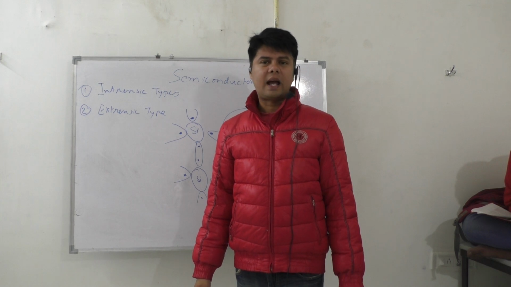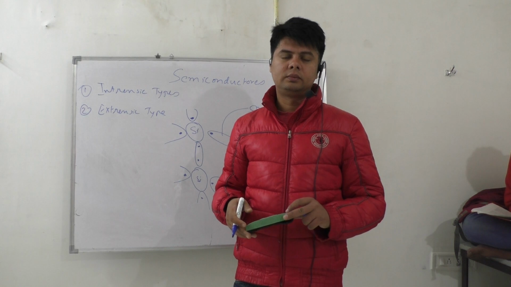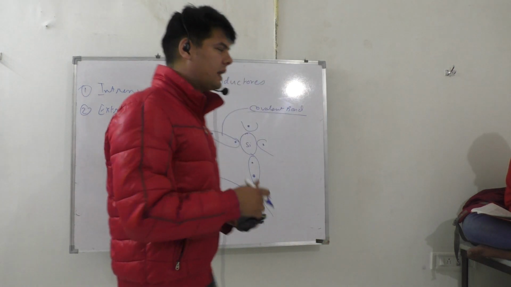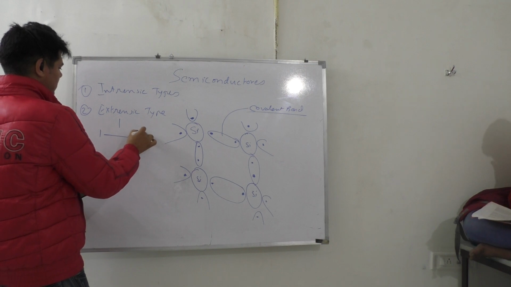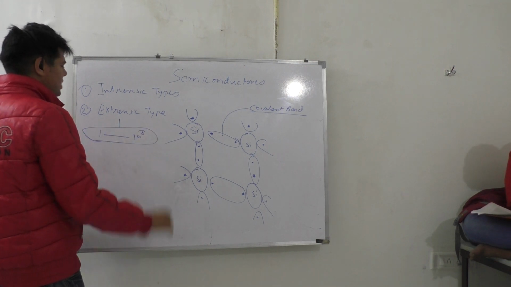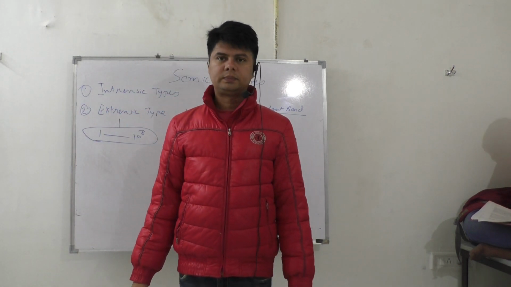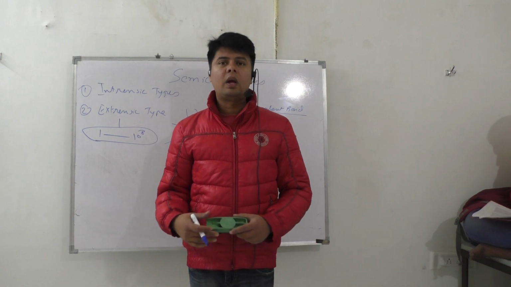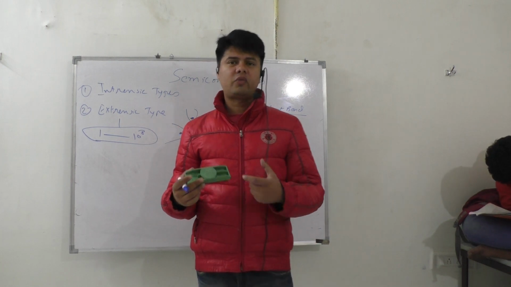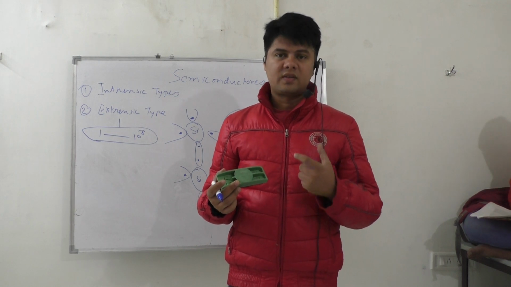In the extrinsic type, we add some impurity in the ratio of 1 per 10 to the power 8. Again, I am repeating: the intrinsic type is the purest form of the semiconductor, where the availability of free electrons is 0.